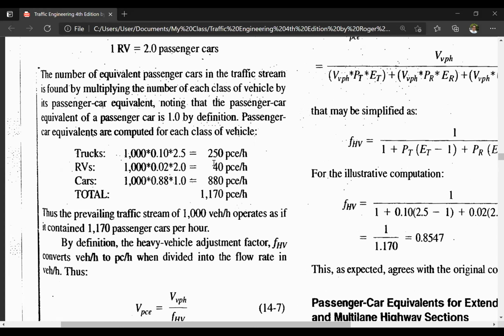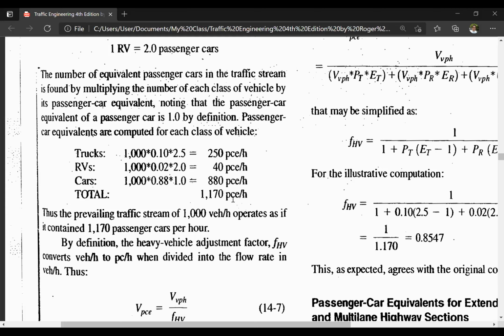For RV, if there are 2% of them, then there are 40 passenger car equivalent in 1 hour. And the rest are cars, so it's 880 passenger car equivalent. So when you sum the total of passenger car equivalent in 1 hour, it is 1,170 passenger car per hour.